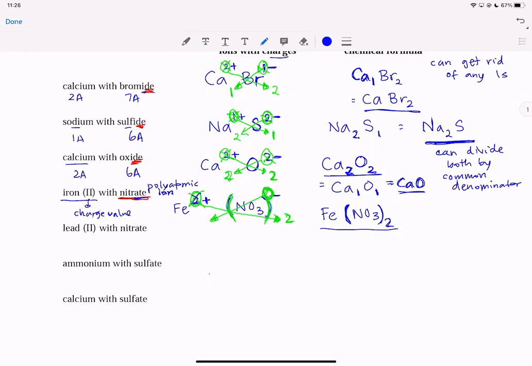So for the next one, you've got lead 2. So that Roman numeral 2, remember, is the charge value. Okay, so that means you need the element symbol for lead, which is Pb, and the charge value is 2+. And then it's with the same polyatomic ion, the nitrate that we used previously.